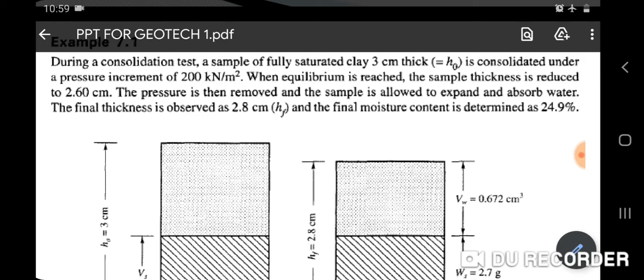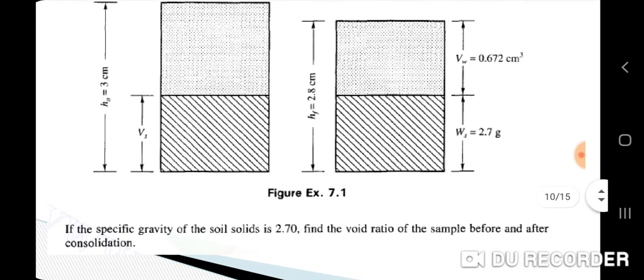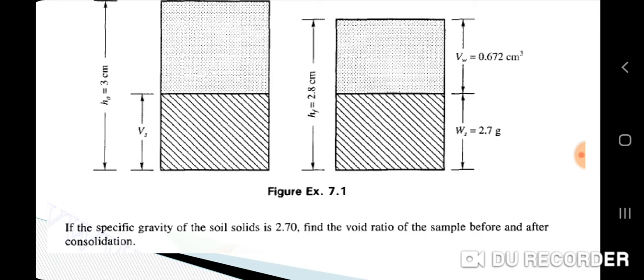The final thickness is observed as 2.8 centimeter and the final moisture content is determined as 24.9%. If the specific gravity of soil solids is 2.7, find the void ratio of the sample before and after consolidation.